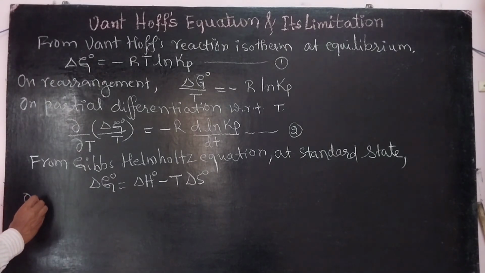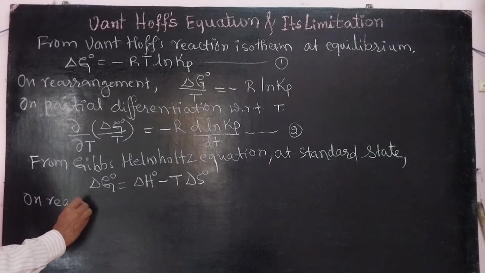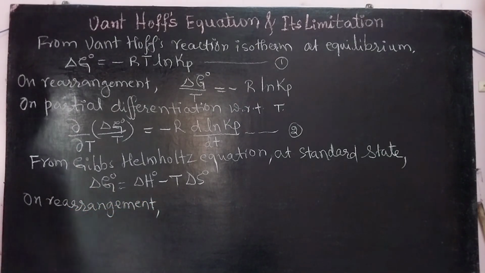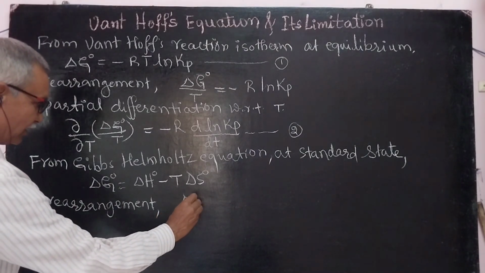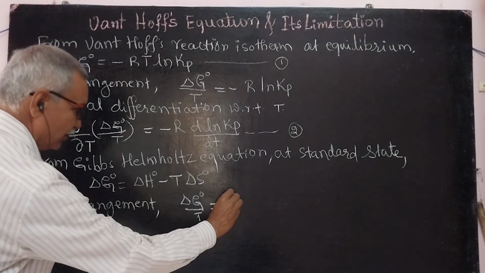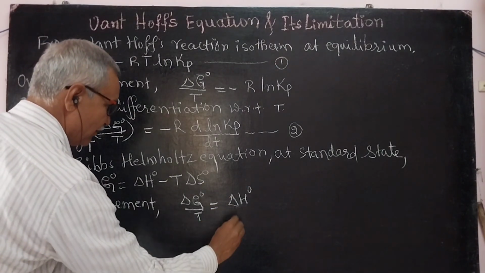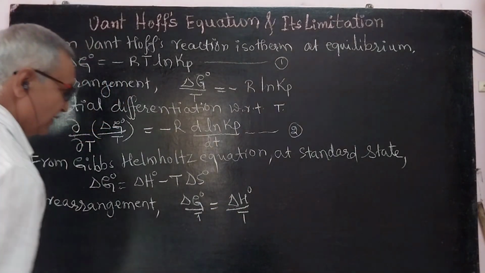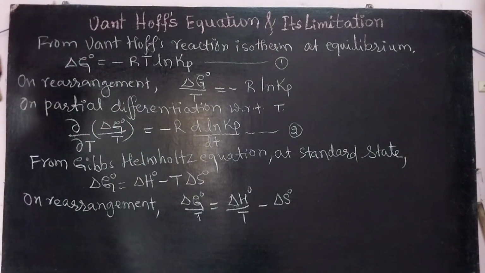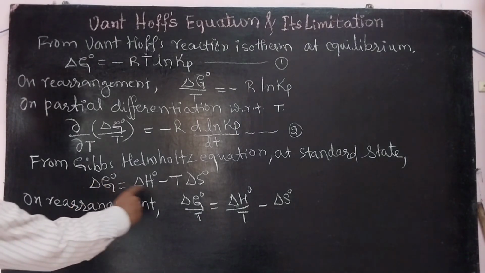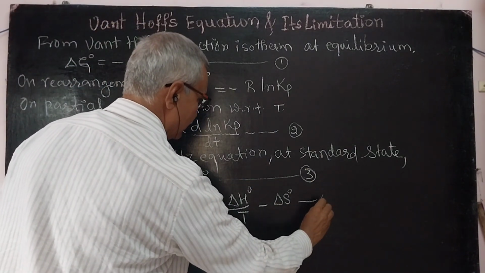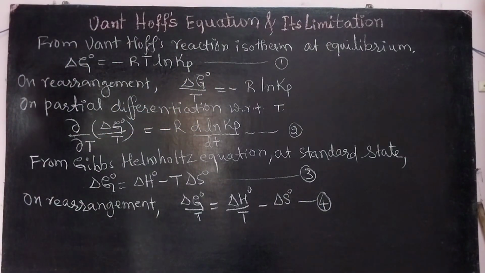On rearrangement, we get delta G naught divided by T equal to delta H naught divided by T minus delta S naught. Suppose this is equation 3 and this is equation 4.